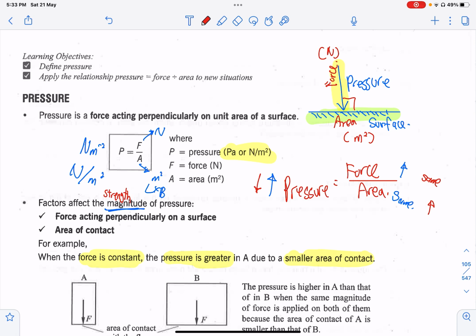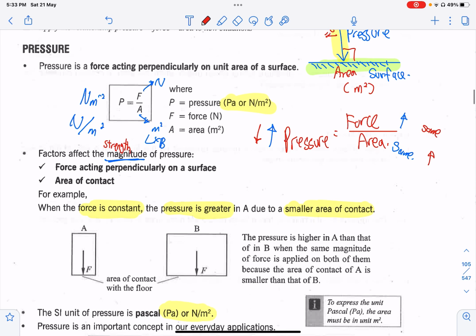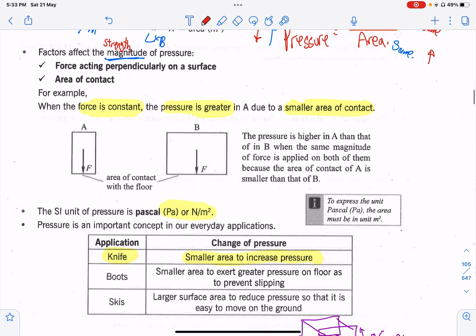However, for the area, they are inversely proportional: when area increases, pressure decreases. When the area decreases, the pressure increases. This is how the factors influence the magnitude of pressure.